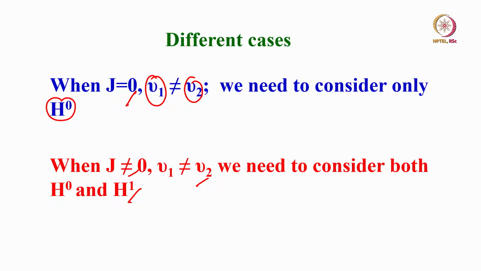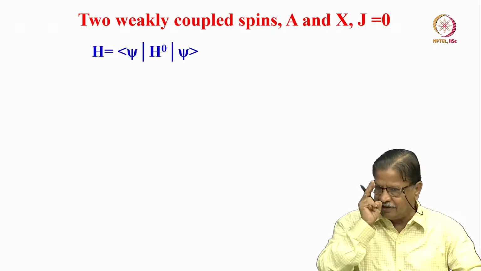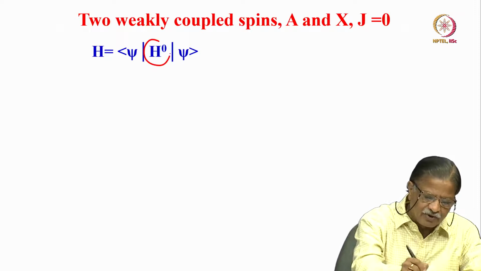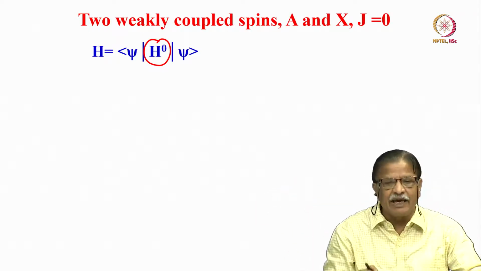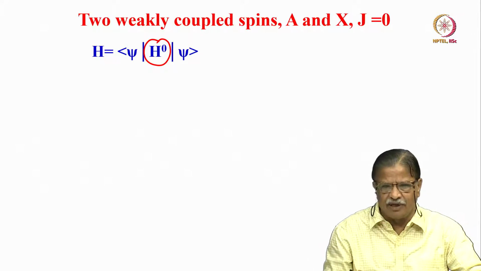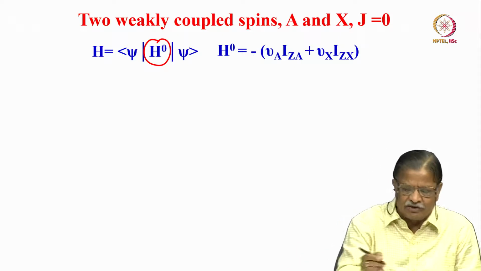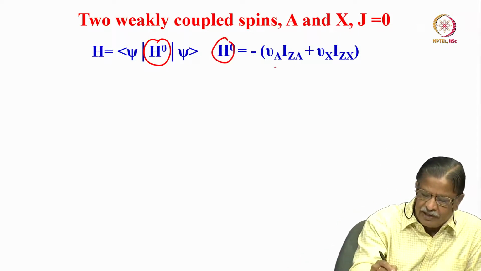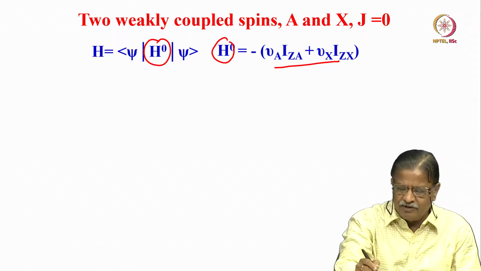First, we consider J equal to 0 and then see what the energy level diagram is. Now, when I consider the 2 uncoupled spin systems, as I told you, I will deal with only H0. I will not consider H1 at all. I am not going to take H1 as the Hamiltonian, especially for working out energy levels. So, the basic Hamiltonian turns out to be H0, which is only these 2 terms, nu A into IzA plus nu X into IzX.